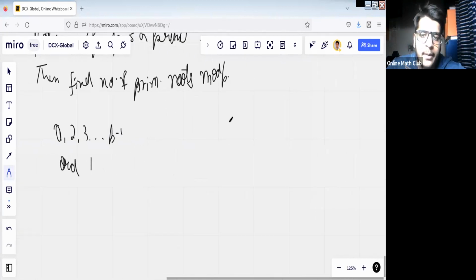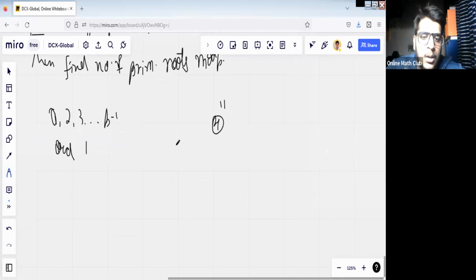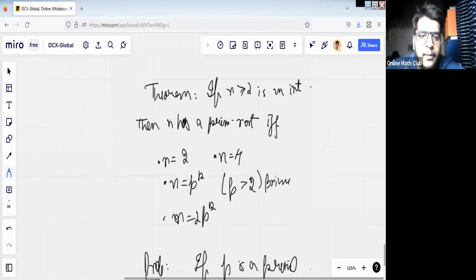No. For example, let's take 11. 11 has 4 primitive roots. This was the cycle of 11.